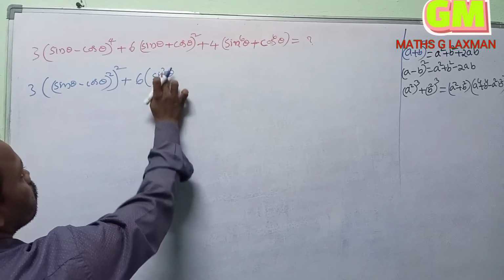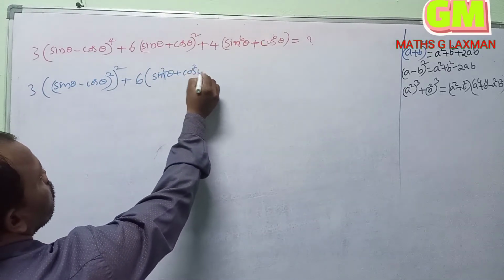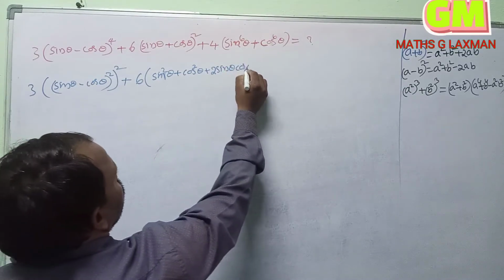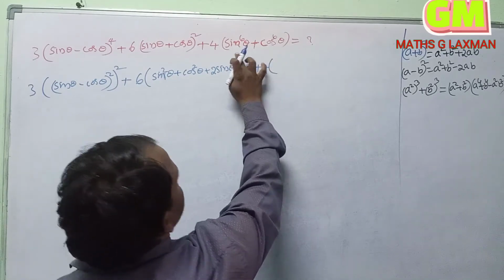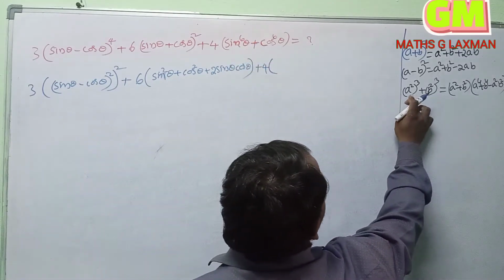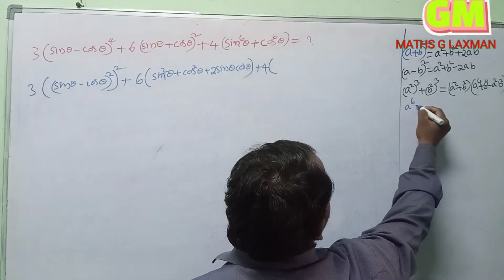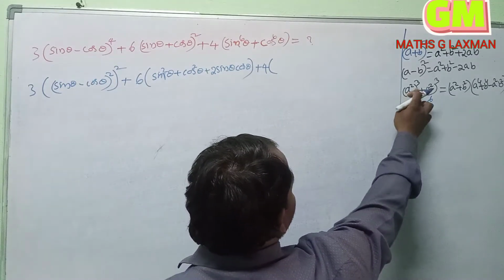Sin²θ + cos²θ + 2 sin θ cos θ, plus 4 into, it is in the form of, so we change, this is a⁶ + b⁶. It is in the form of like this and then converted to like this.